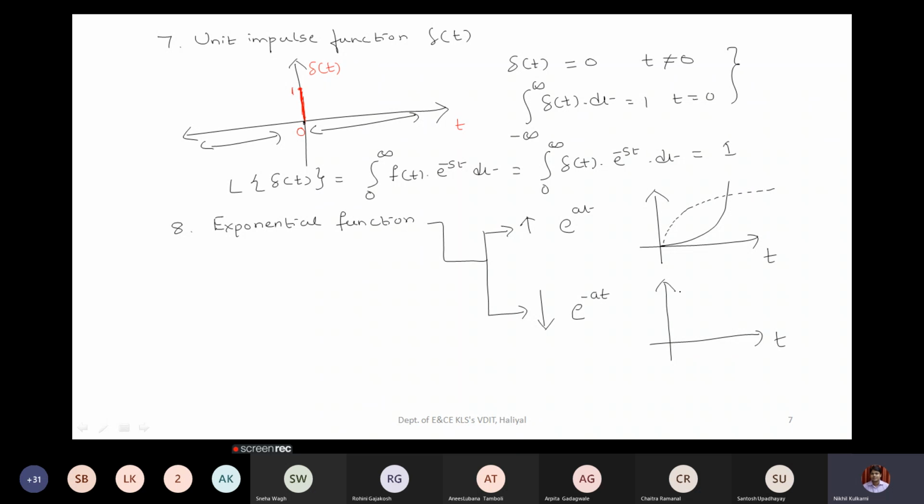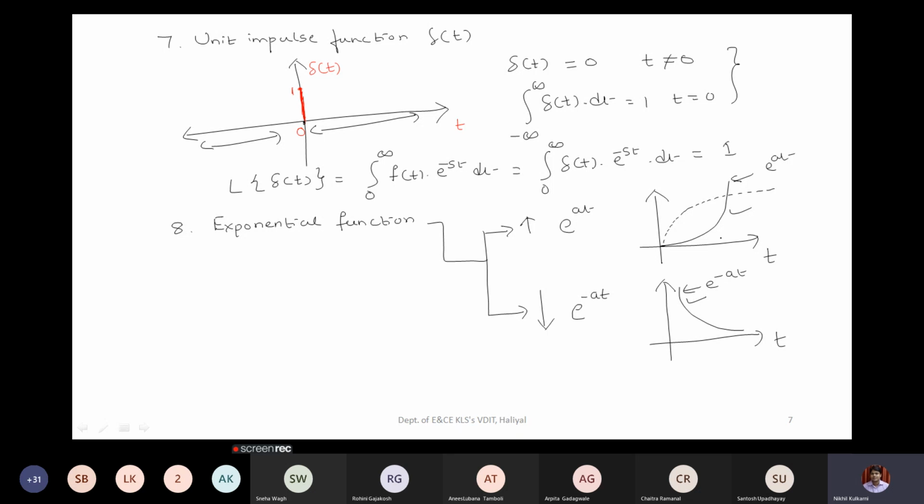Then what about the exponentially decreasing function? As you progress towards higher values of t, the value is going to decrease. If you consider the solid lines here, this can be represented as e to the power at, and this one is exponentially decreasing.